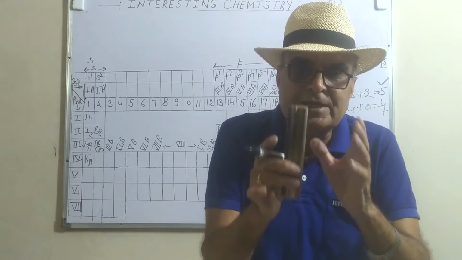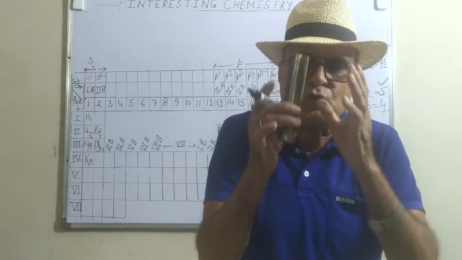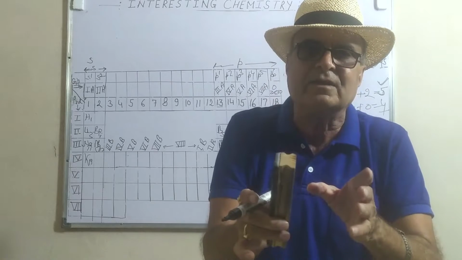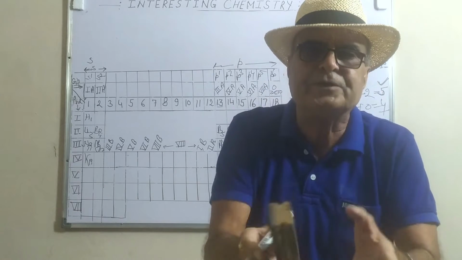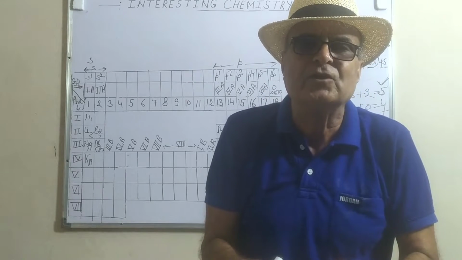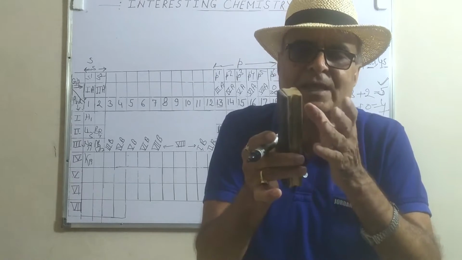The newly entering electron will occupy that orbital which has the lower n plus l value.